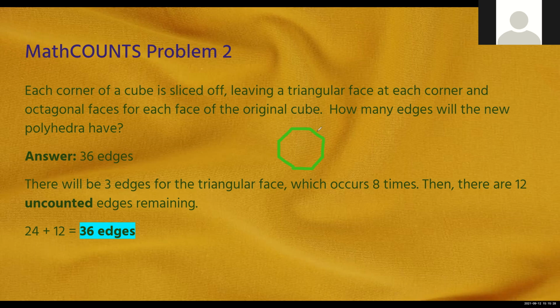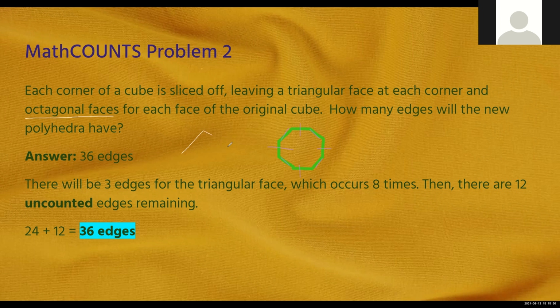So if you only counted the sides of the triangle, you'd only get these 4 sides, right? You'd be undercounting because you wouldn't be including this or this or this or this. So you don't only count the sides of the triangle, because we're given that it has octagonal faces.